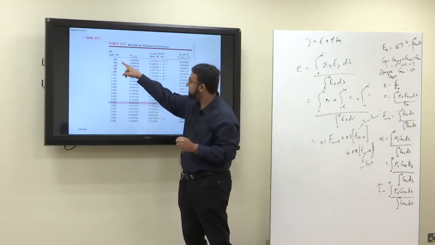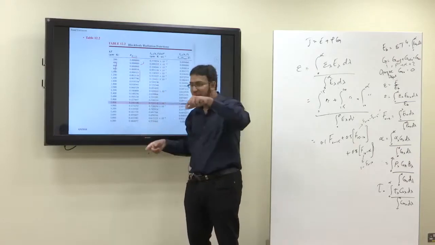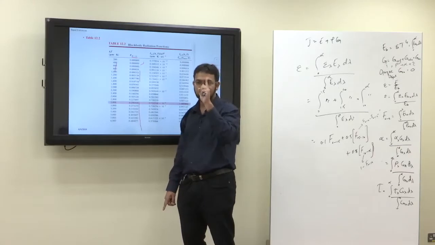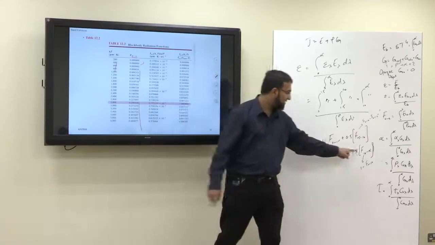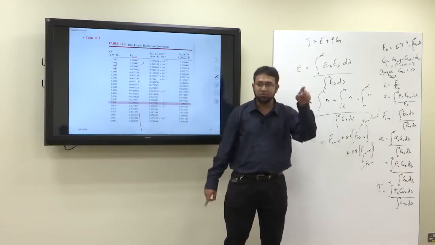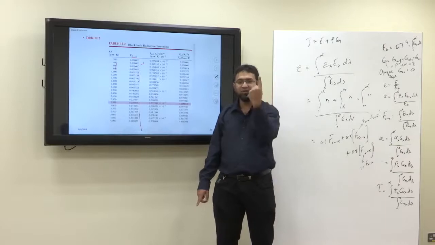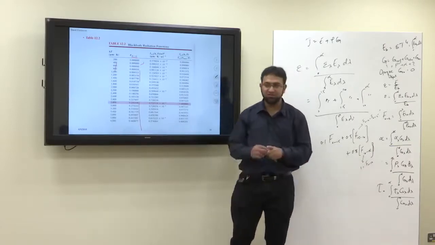When lambda is increasing, this fraction is increasing. When lambda goes to infinity, the maximum value of the fraction will become 1. So f 10 to infinity means f 0 to infinity minus f 0 to 10, and that's why it's 1 minus f 0 to 10. Is it clear now or not?